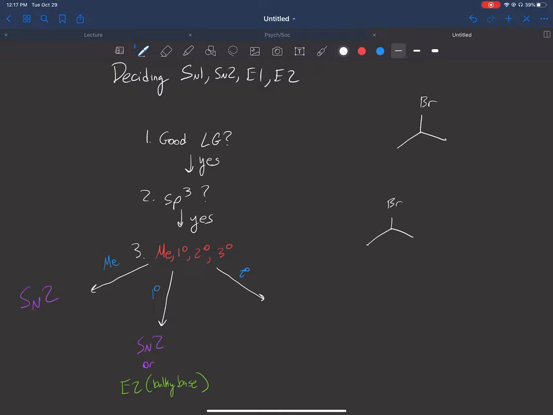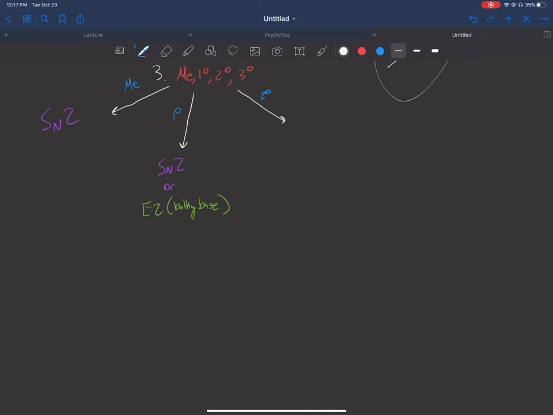So if we can't figure it out through the substitution, we can't really focus on our substrate. We really have to look at what we're reacting with, right? So I have this secondary alkyl halide, okay? We can't figure out anything from this. So you have to look at what you're reacting with.